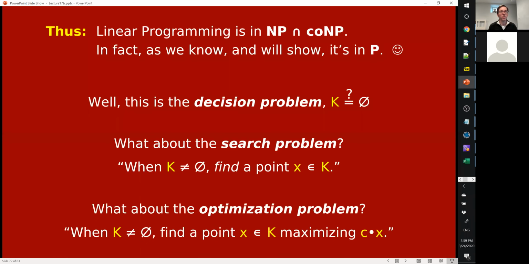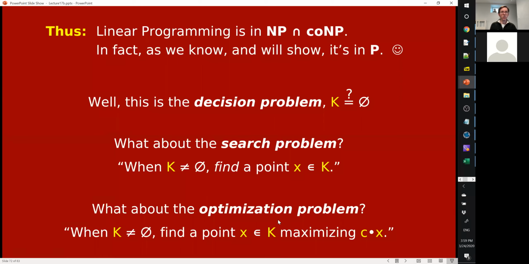And probably the most familiar aspect of linear programming is the optimization version. Under the assumption that K is non-empty, you also have an objective function, which is a linear function of the x's, like c dot x, c1 x1 plus dot dot dot cn xn, that you want to maximize.